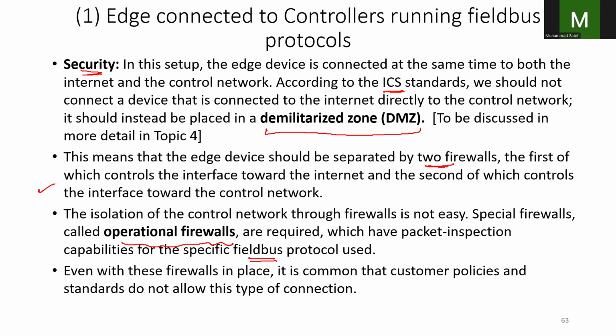Even when all of this is in place, the firewall, the DMZ and the security policies, many companies still choose to disallow this type of setup, and this is one of the biggest problems in the transformation of IoT or Industry 4.0. Their internal cybersecurity standards often prohibit any device that bridges the control network and the internet, even indirectly.